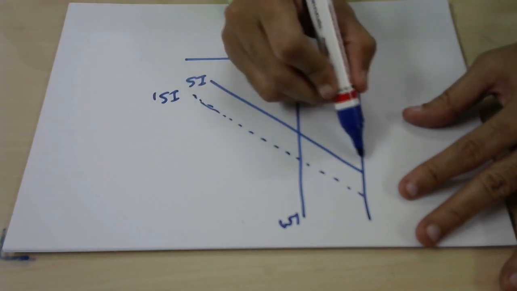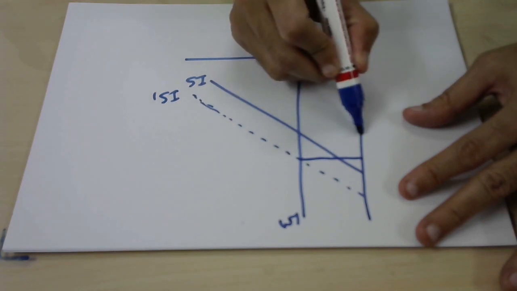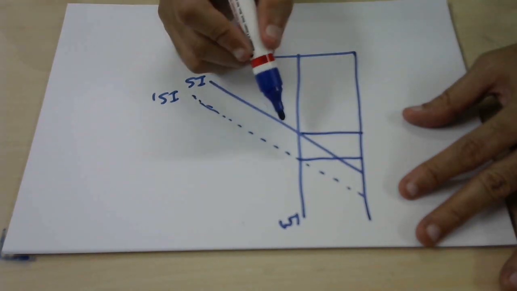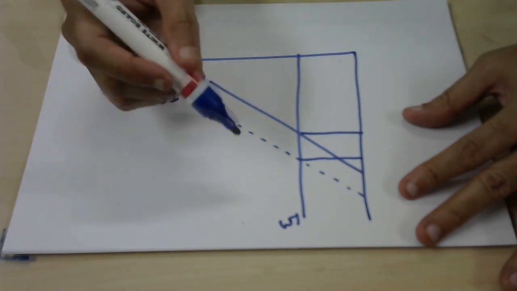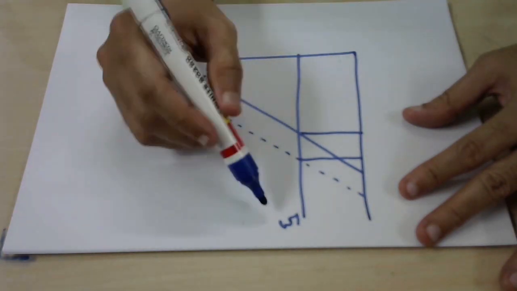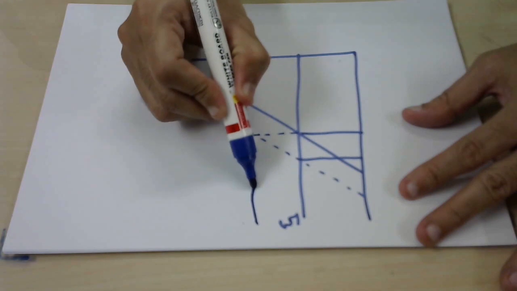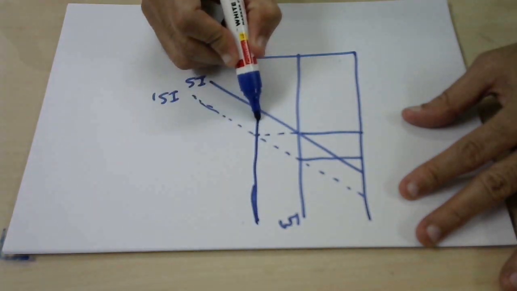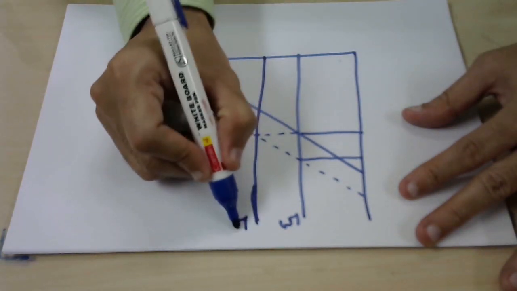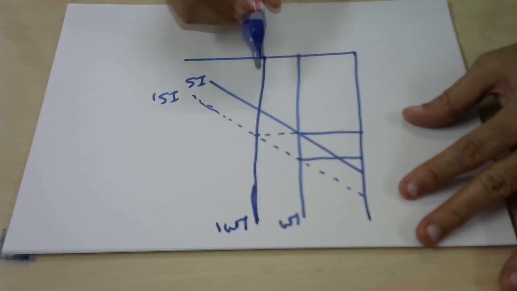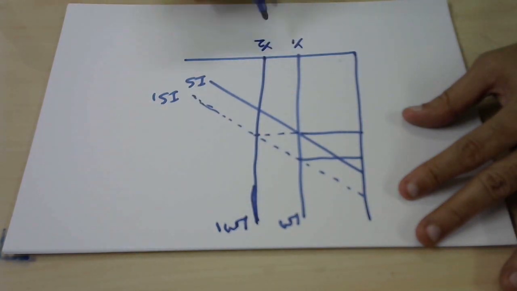Now that leads to an appreciation of the currency, but the commitment to the fixed exchange rate system causes the money supply to increase, so that the LM curve shifts from LM to LM1, so output again increases.